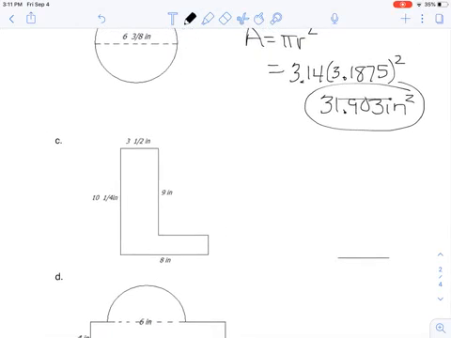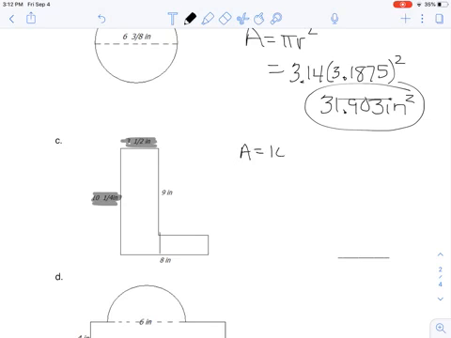Okay. Let's do C. What you're going to have to do with C is break it into 2 sections. It doesn't matter how you break it. If we draw a straight line down through here, you've got 2 rectangles, right? But you just have to be careful that the height and the width of the section on the left is right there. Don't use that 9.